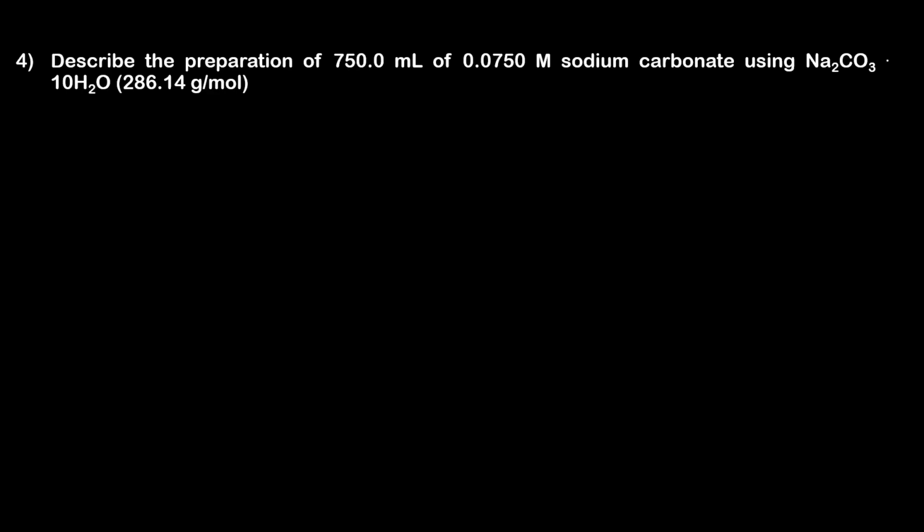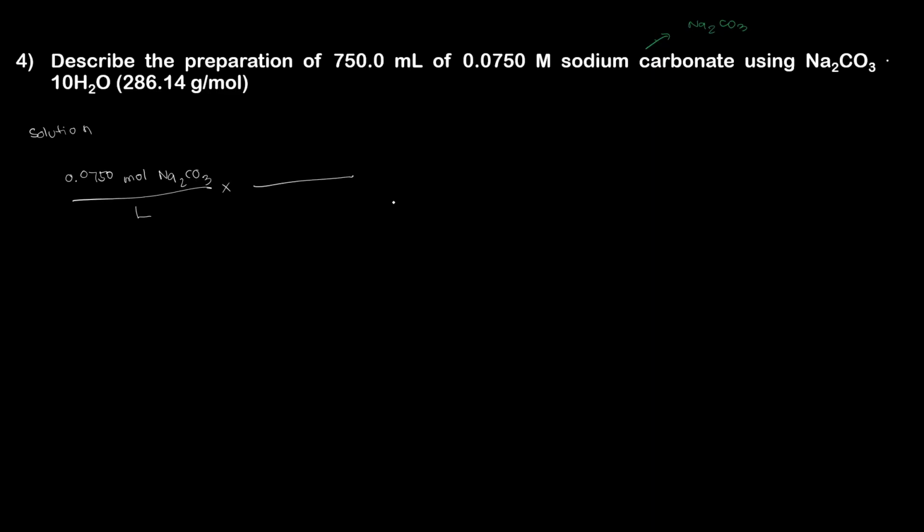The last question. Describe the preparation of 750 ml of 0.0750 molar sodium carbonate using sodium carbonate 10H2O with a molar mass of 286.14 grams per mole. Sodium carbonate is just Na2CO3. As usual, let's start with the given concentration, which is 0.0750 mole of sodium carbonate Na2CO3 over liter, because that's molarity.